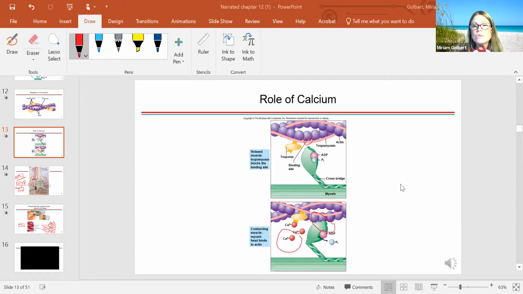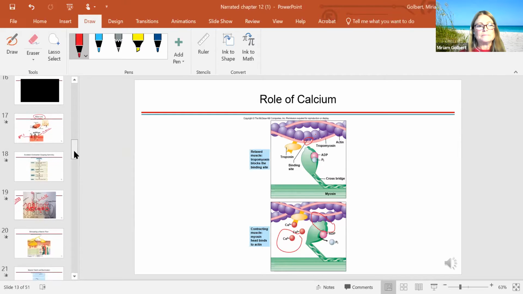But once you know the structure and how the actin and the myosin are, going through the steps several times, if you need to write it down, if you need to record yourself saying it, that's the way that you're going to remember it. Okay. And it's good to start at the beginning, the motor neuron, right? Although I didn't start there, but I started with the sarcomere.